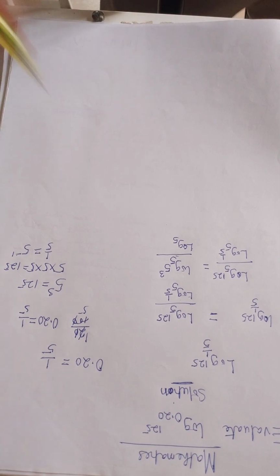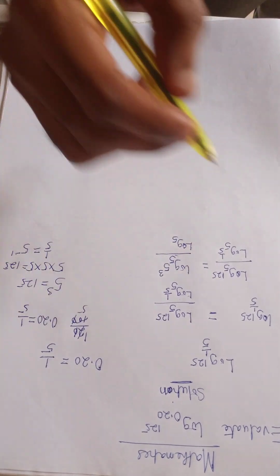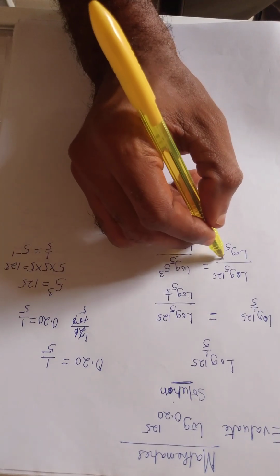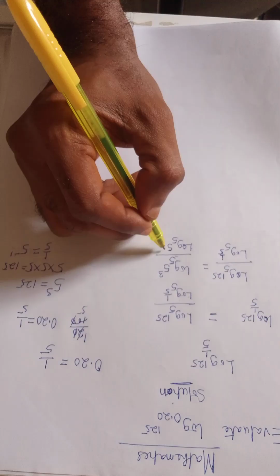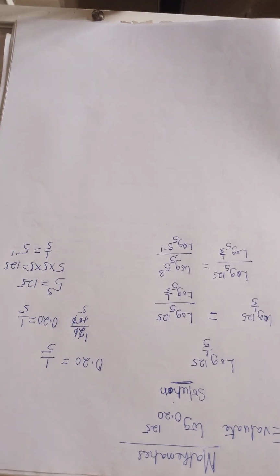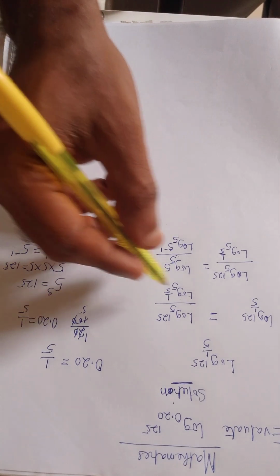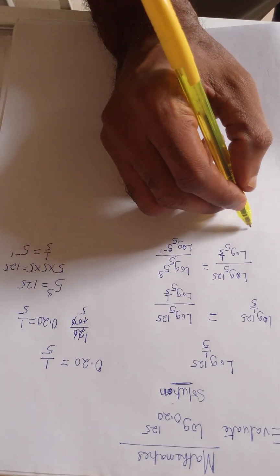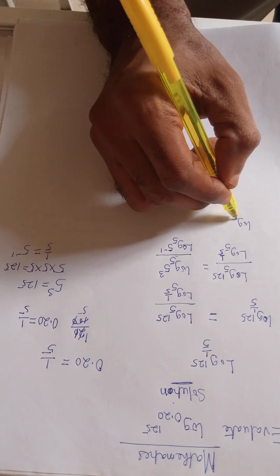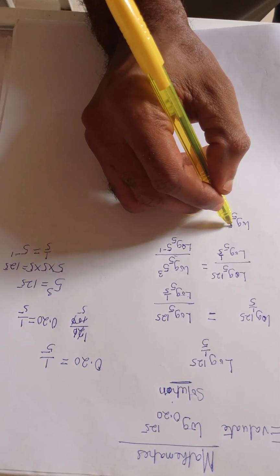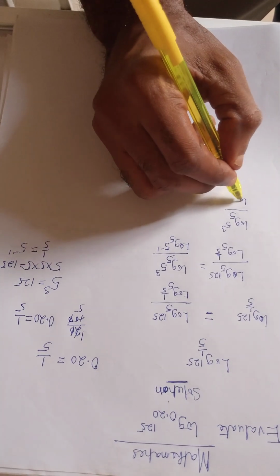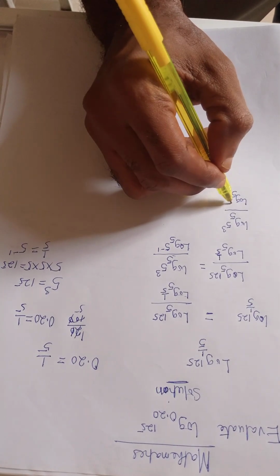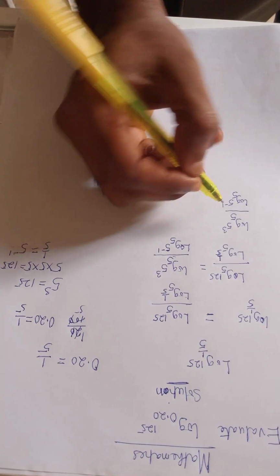So instead of 1 over 5, we now write 5 raised to power minus 1.